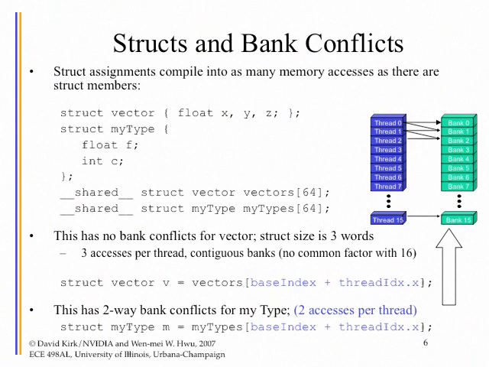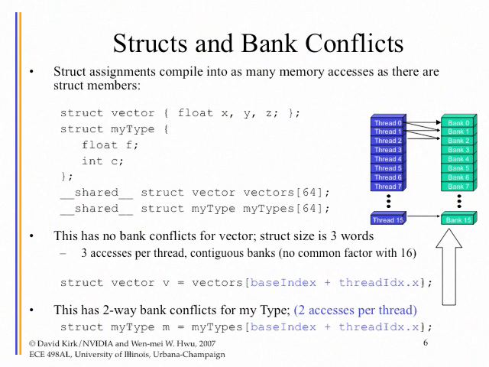So in that first clock cycle, thread 0 accesses bank 0, thread 1 accesses bank 3, and thread 2 accesses bank 6. It's going to increment by 3 through all 16 threads.